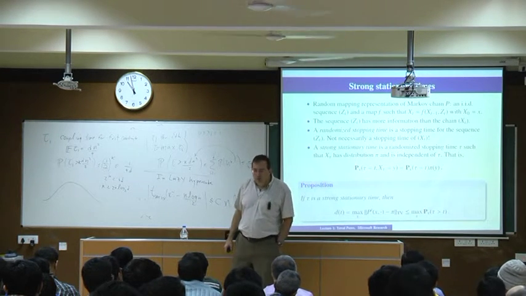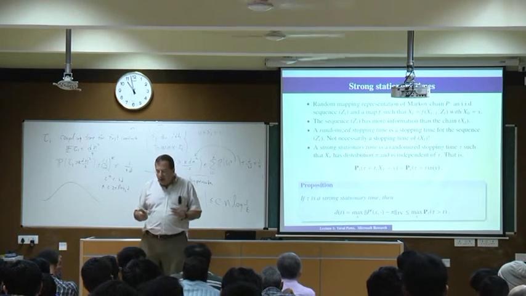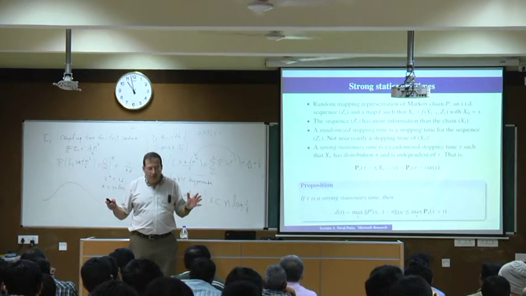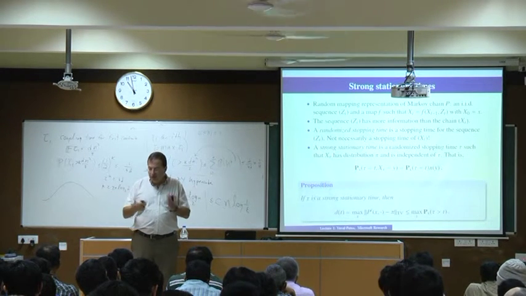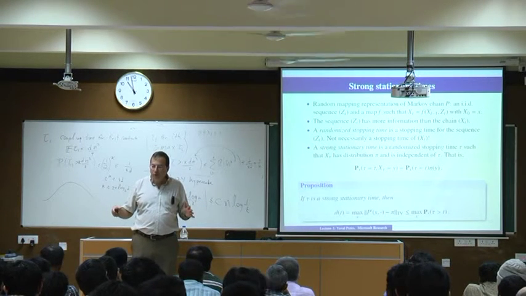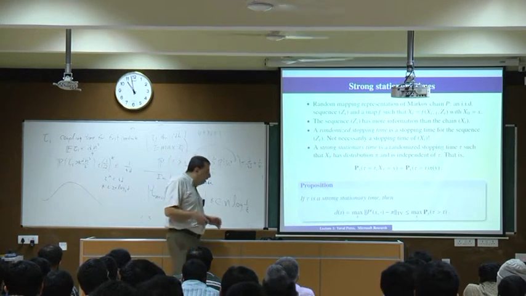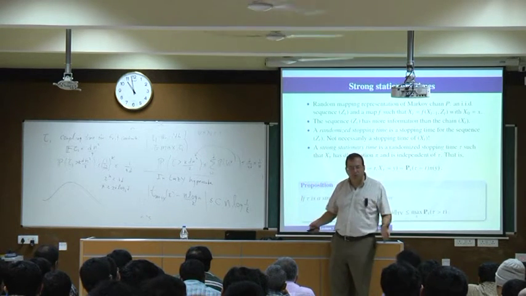Now, more generally, one can define a stationary time as a time where if I look at the chain at that random time, the chain has the stationary distribution. These are also useful, but harder to work with. Here is an example of a stationary time that's not a strong stationary time.